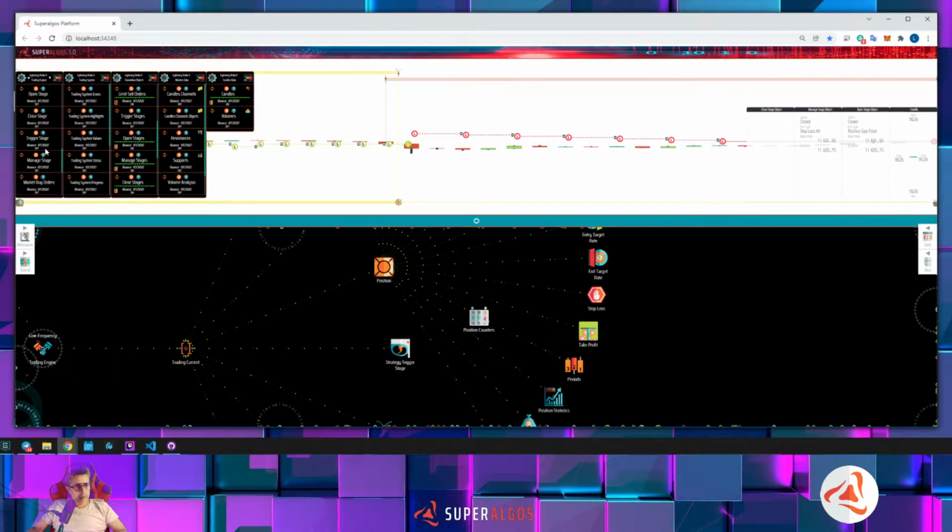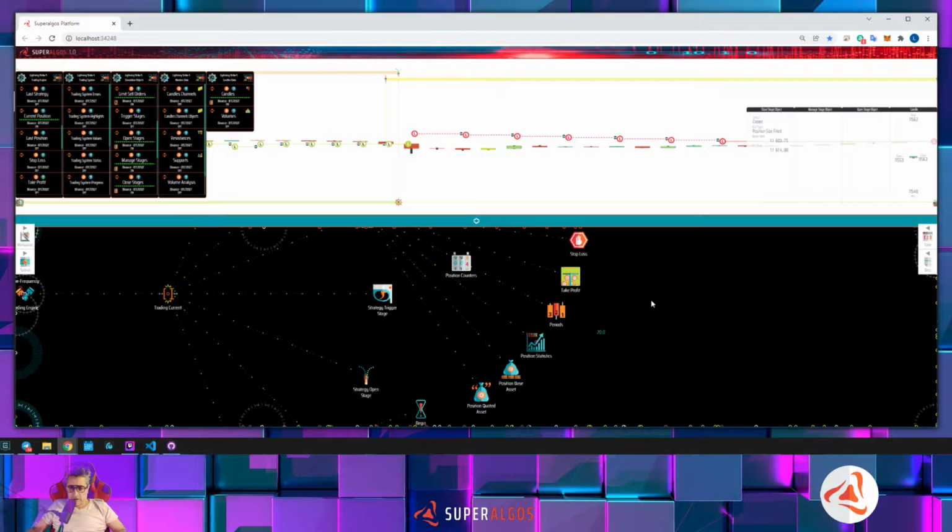Let's activate the position layer, current position. So here we are, periods. I don't see anything there.